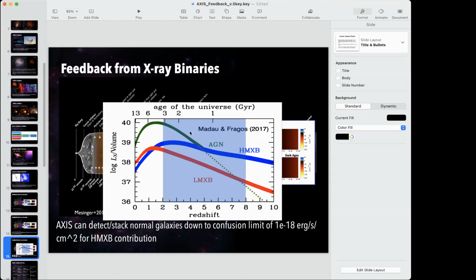And in this redshift range, one of the models predicted the emissivity of high mass X-ray binaries to be more than the AGN X-ray emissivity, and with AXIS, we might be able to get an empirical result for this model.